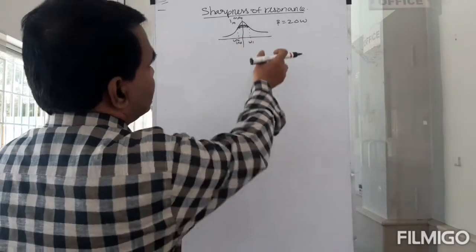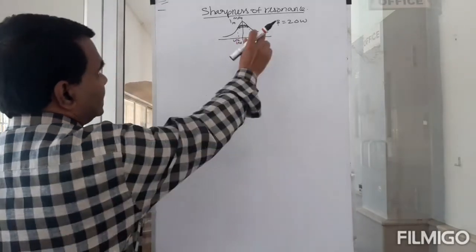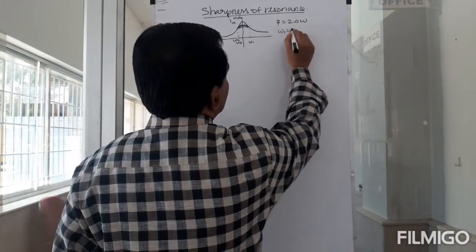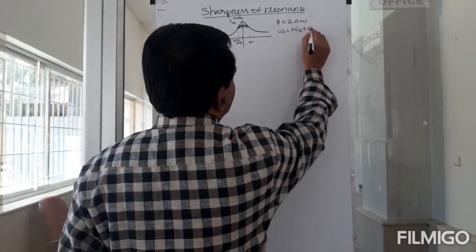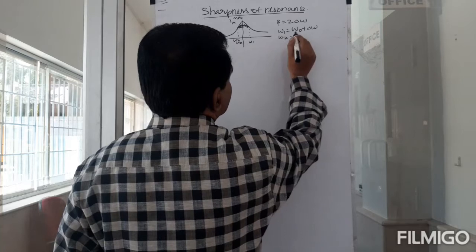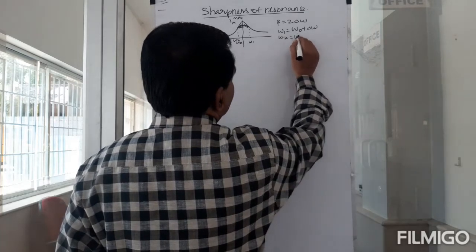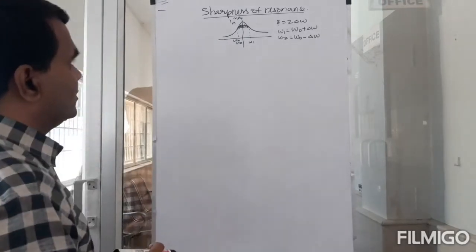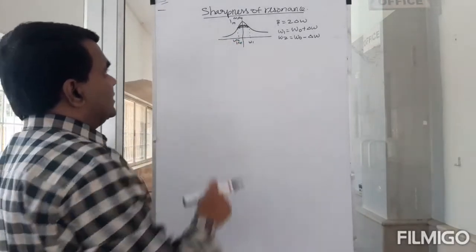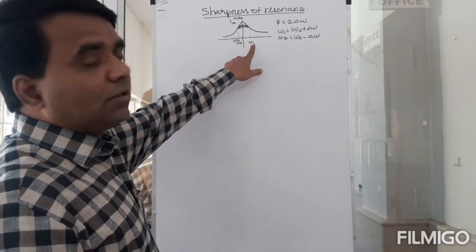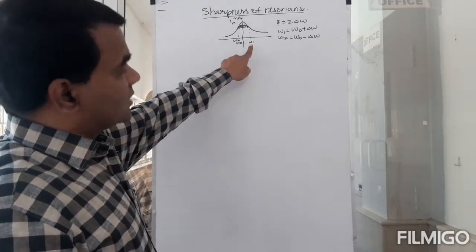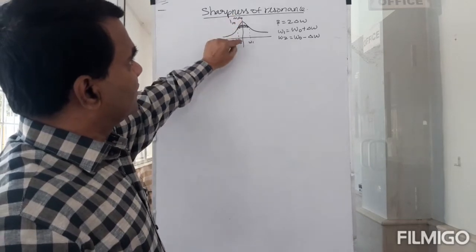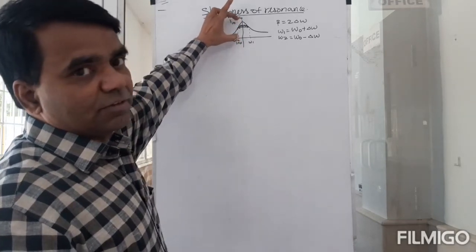We said omega 1 is equal to omega naught plus delta omega, and omega 2 is equal to omega naught minus delta omega. At this frequency, the power dissipated in the circuit would be half of the power dissipated at resonant frequency.